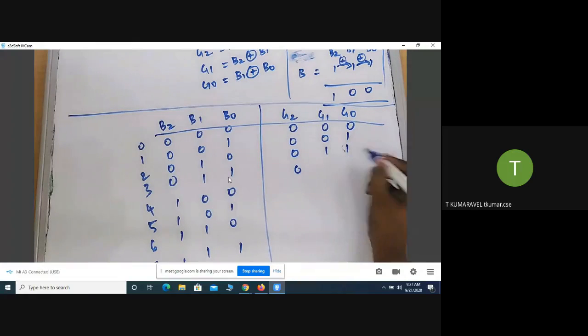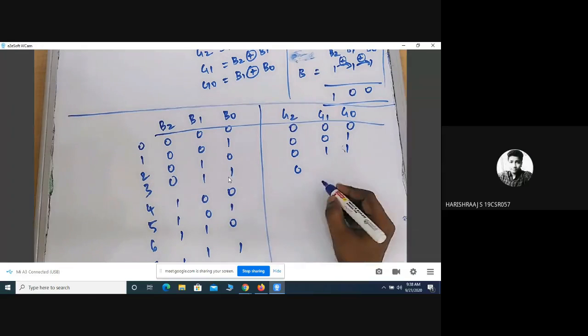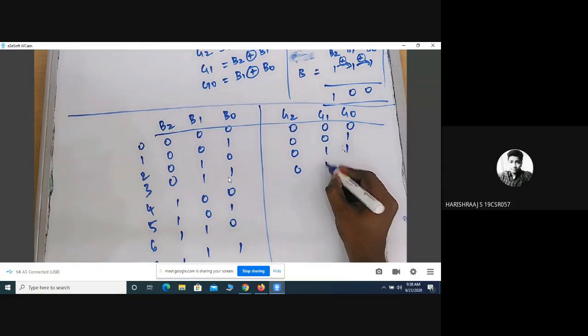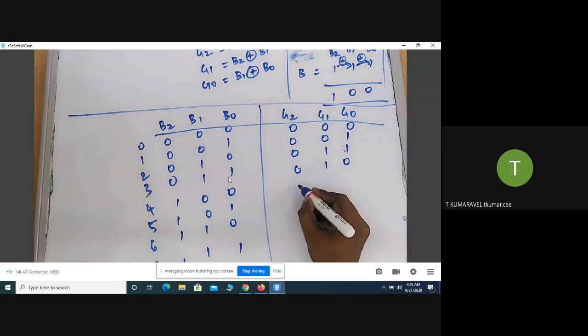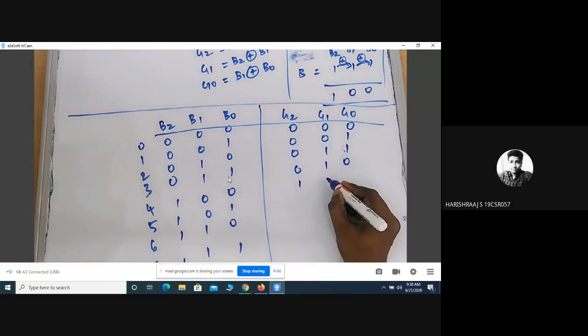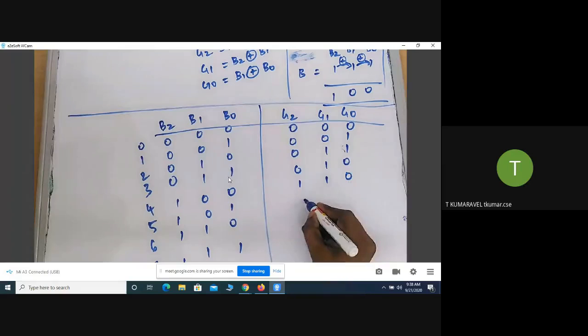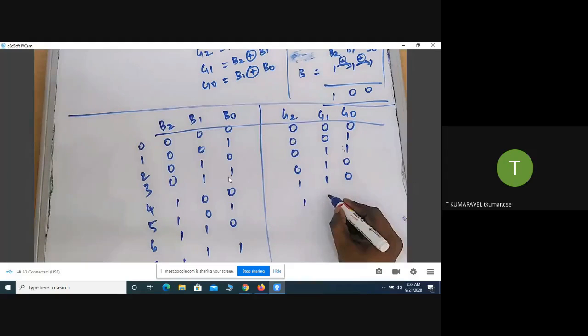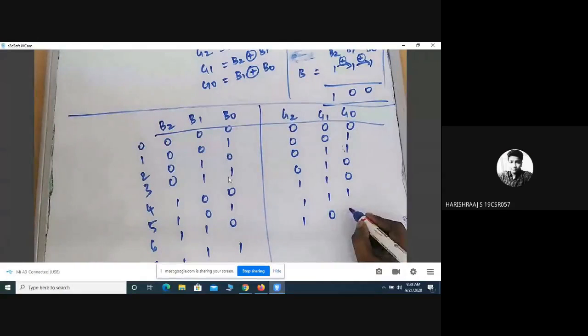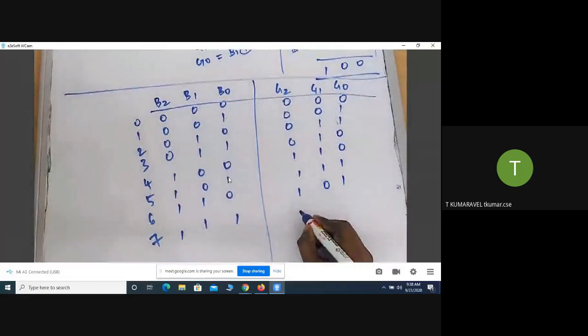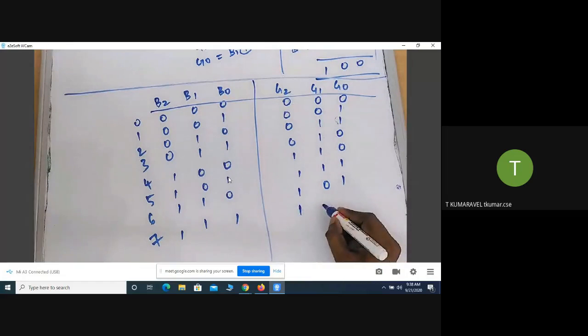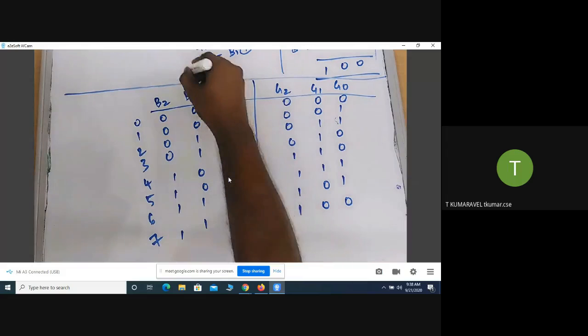Okay, what about the last case? So this is the input, this is the output.